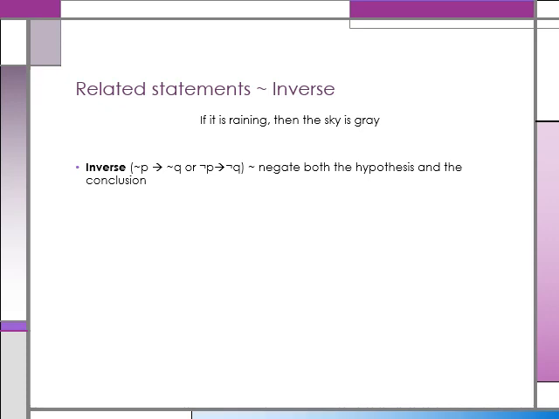An inverse takes the original conditional and negates both the hypothesis and the conclusion. So remember, both of these are negation signs. So our inverse is if it is not raining, then the sky is not gray.